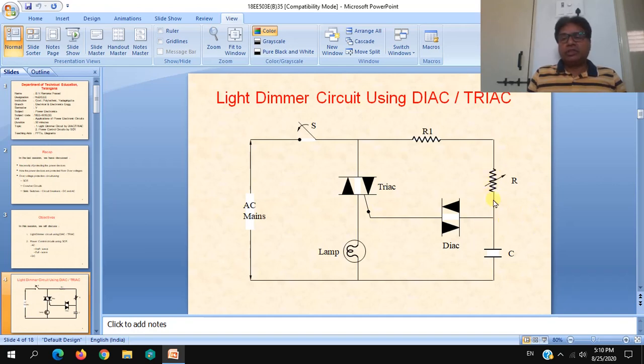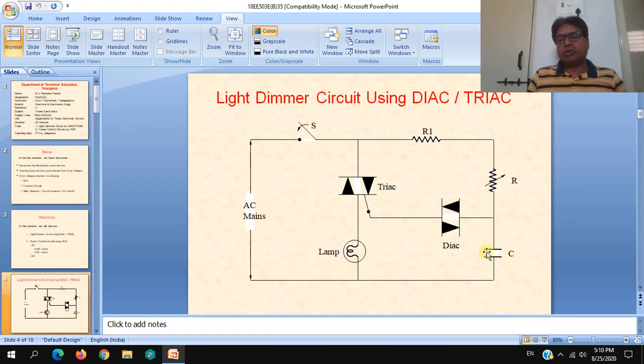And if this resistance is zero, the current will be more, because R1 is the only resistance left over. Or say that with R1 and some value of R, the total resistance will be more, so the voltage available for the capacitor to build up will be less.